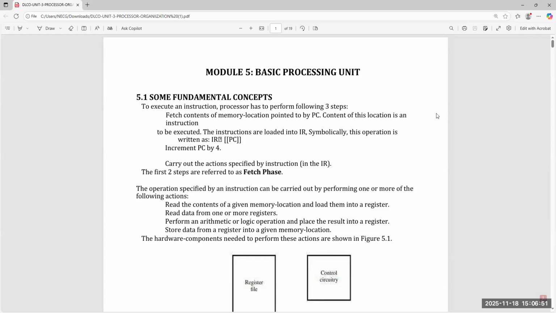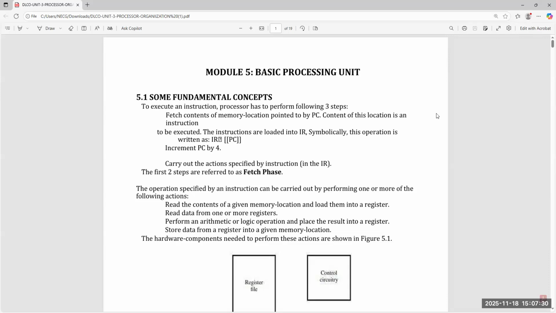When the instruction is to be executed, it performs the following operations. The first one is to read the content of a given memory location and load it into a register.